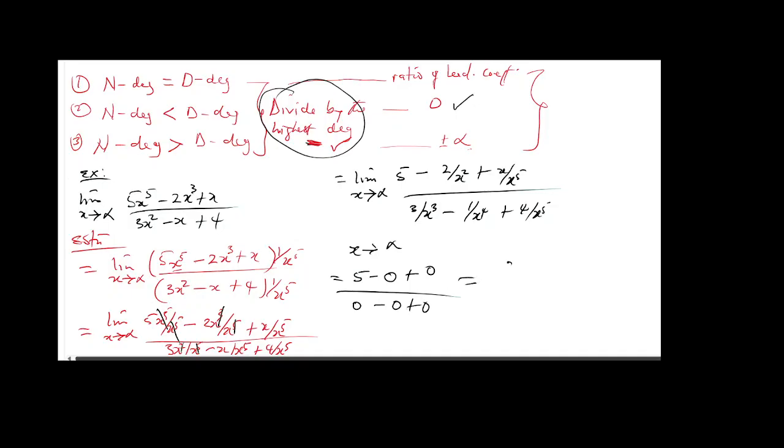In the end, we have 5 all over 0 left, which tends to infinity. Remember, we said mathematically dividing by 0 does not exist, it's undefined, and in terms of limit, 1 over infinity tends to 0. So this tends to infinity in terms of limit.